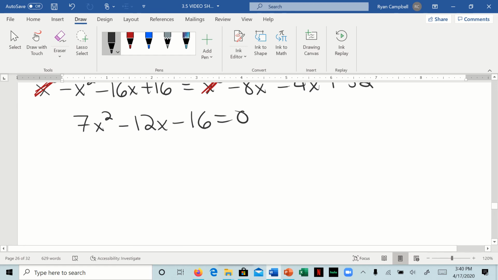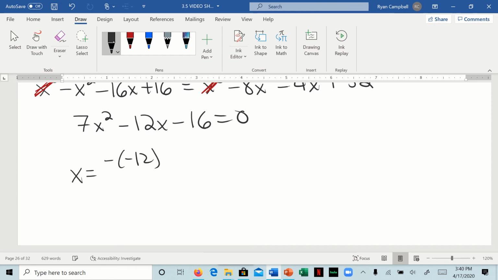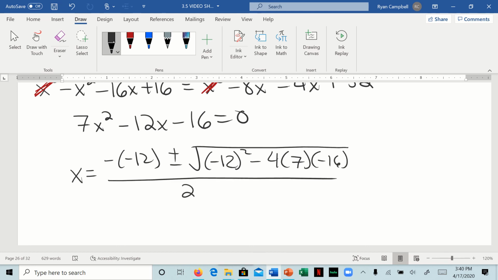So we got to solve. Quadratic formula always works. So let's use the quadratic formula. So x equals negative 12 plus or minus the square root of negative 12 squared minus 4 times 7 times negative 16, divided by 2 times 7.